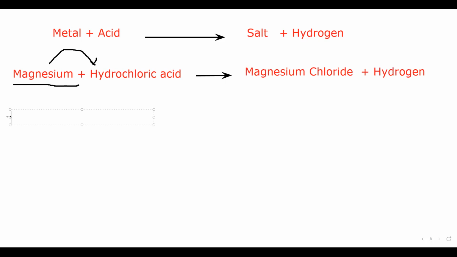If we have calcium plus nitric acid, what will be the product? Nitric acid produces a nitrate salt, hydrochloric acid produces a chloride salt.